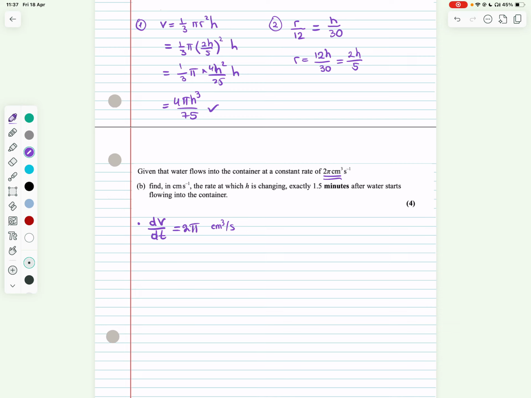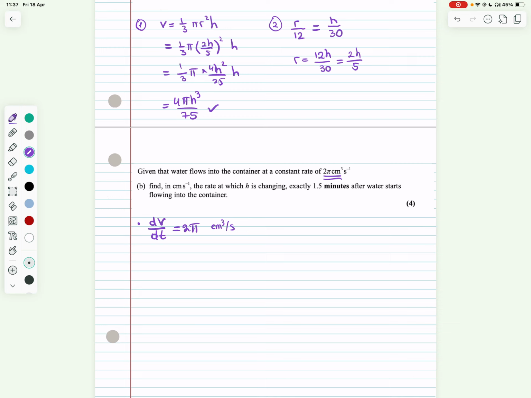Alright, so what we are asked to do is find, in centimeters per second, the rate at which the height is changing exactly 15 minutes after water starts flowing into the container. So after 15 minutes, we need to find the change of the height.